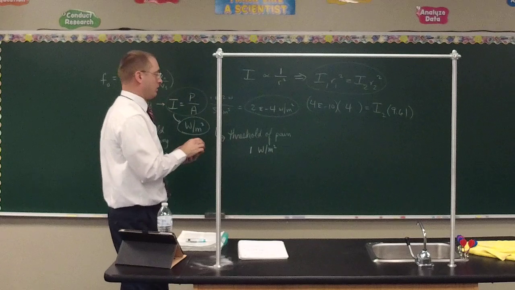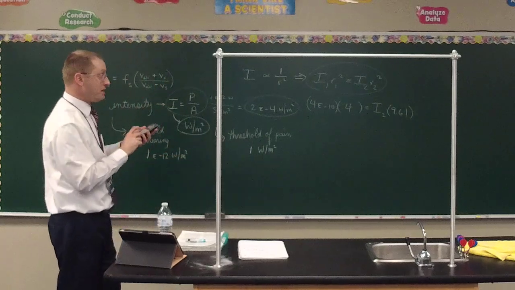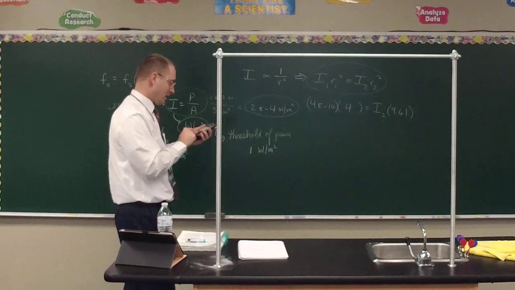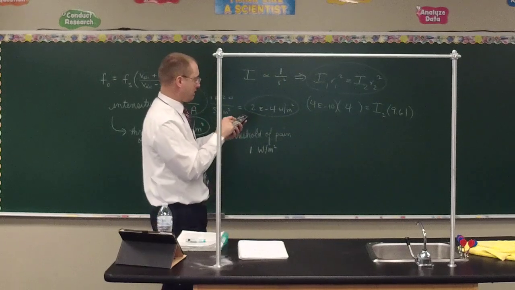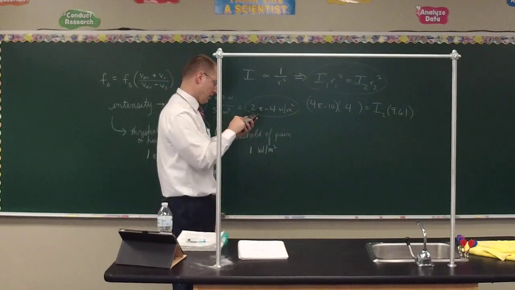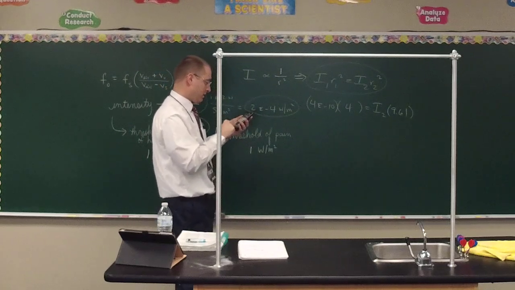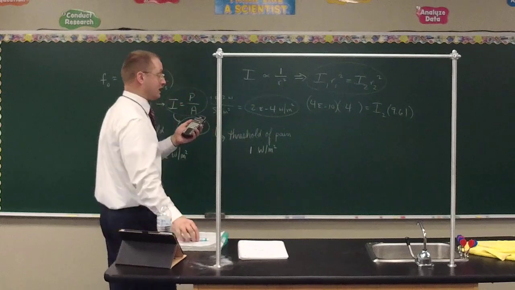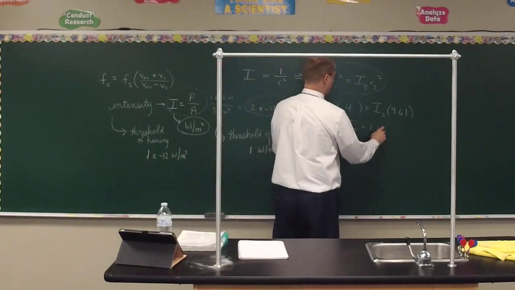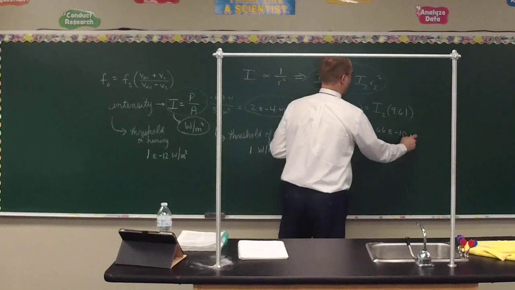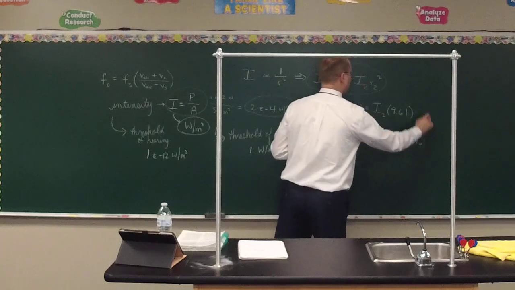And what intensity would there be? 4e negative 10 times 4, divided by 9.61. There we go. It already put it back in scientific notation for me, which was nice, class. 1.66e negative 10. Good, 1.66e negative 10 watts per square meter.